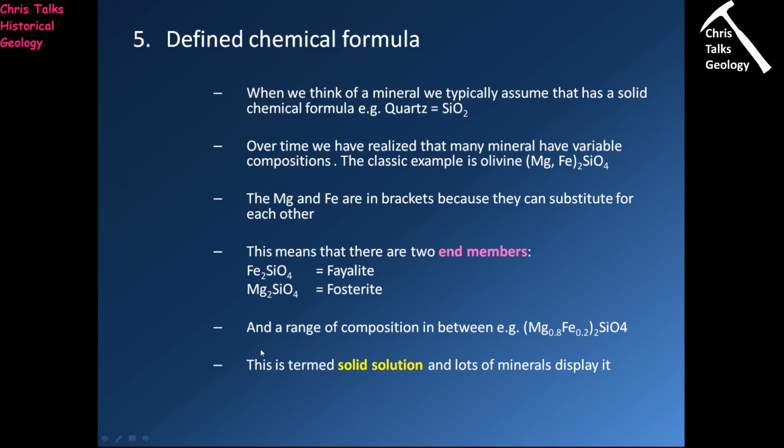And this range of different compositions is referred to as a solid solution series. That's the technical term for it. So the fayalite and the fosterite will be the end members, and in between we have this range, and that's your solid solution. Your olivine crystal can have a composition that falls anywhere along that range.